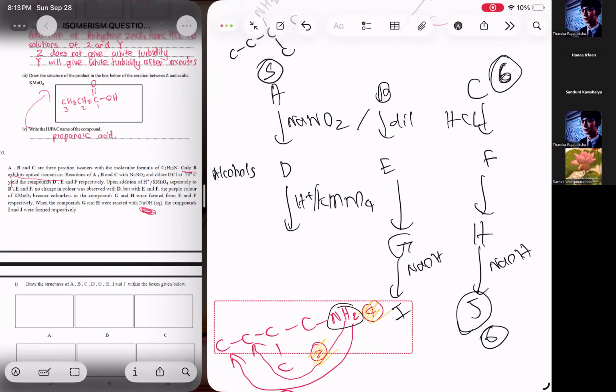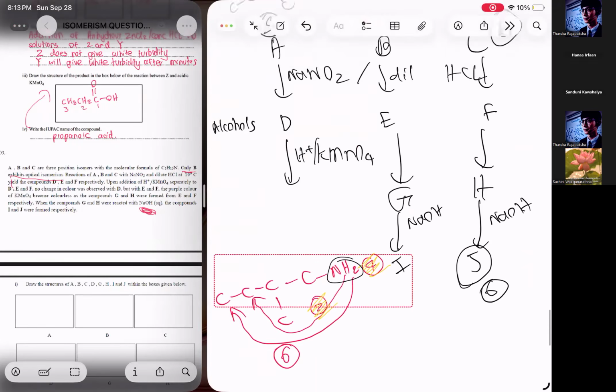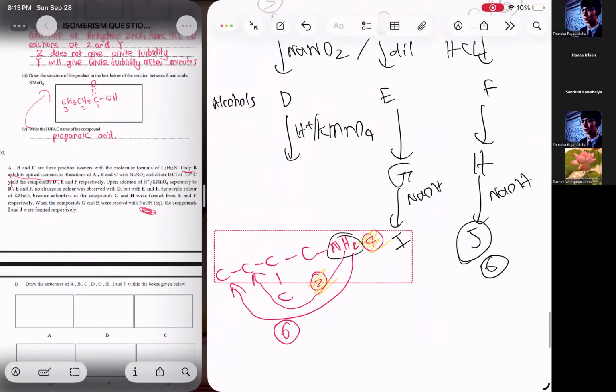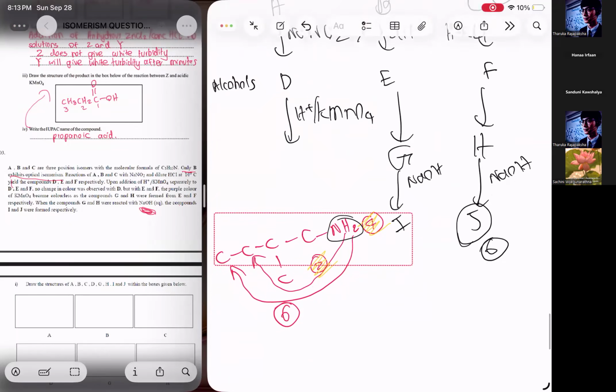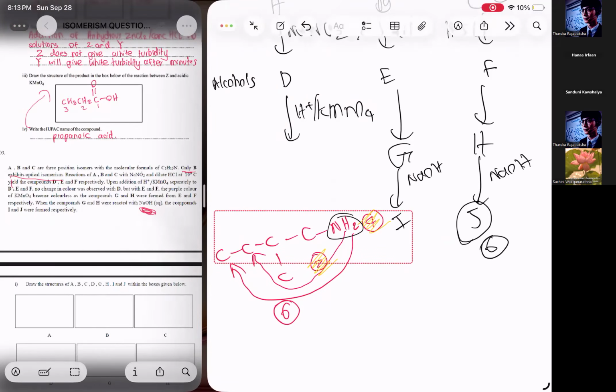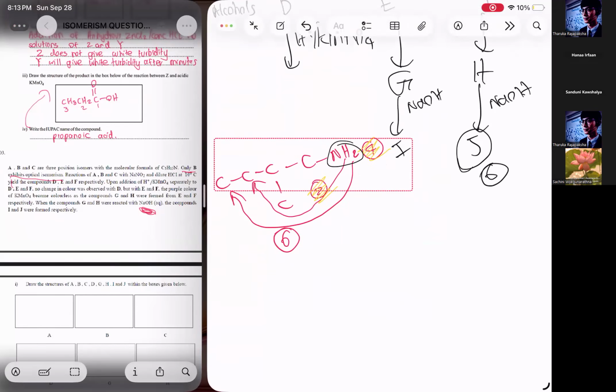Then who is B? Okay, let's read the question from the beginning first. A, B, C are three position isomers with the molecular formula, blah, blah, blah. Only B exhibits optical isomerism. There are two optical isomers here: the fourth one and the seventh one.